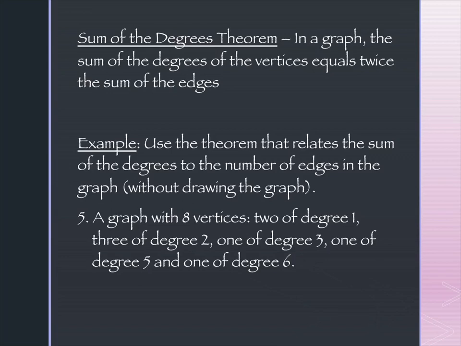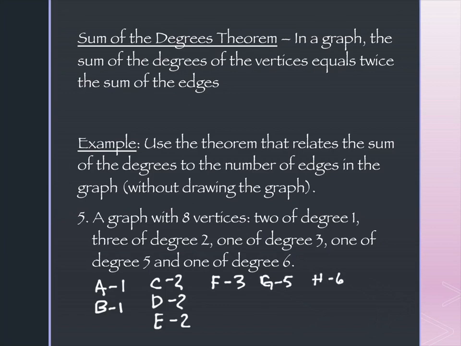We'll just even list it with letters if you wish. A has degree 1, and B has degree 1. And then I have C, D, and E, because it said 3 of them are all degree 2. I have 1 of degree 3, so we'll call it F. I have 1 of degree 5, G, and 1 of degree 6. Okay? There's no picture, there's just the details.